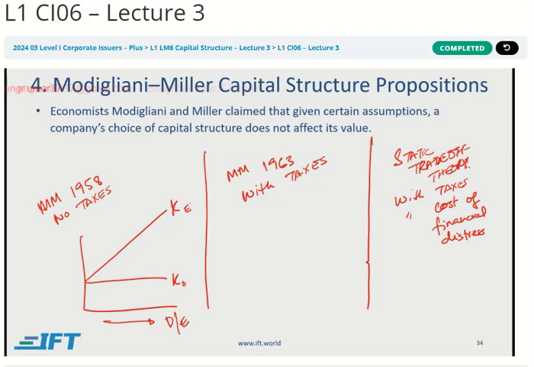So it looks something like this. Let's say the cost of debt is 5%, cost of equity is 10%.